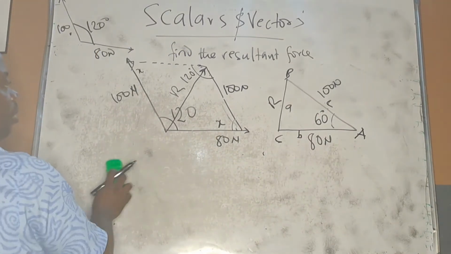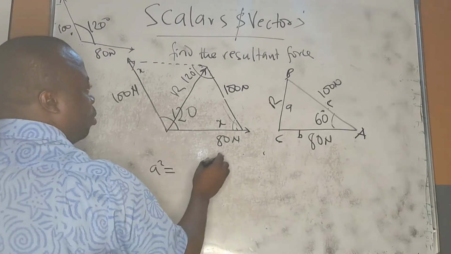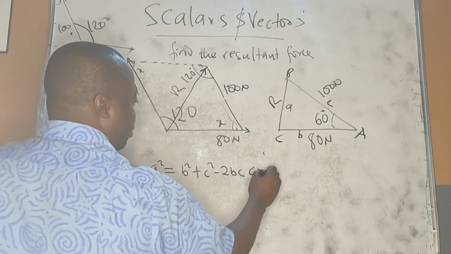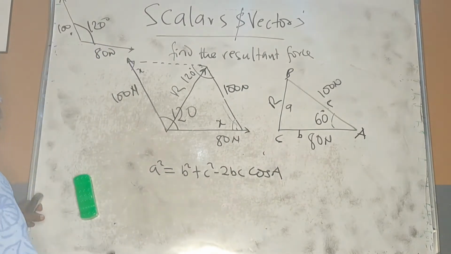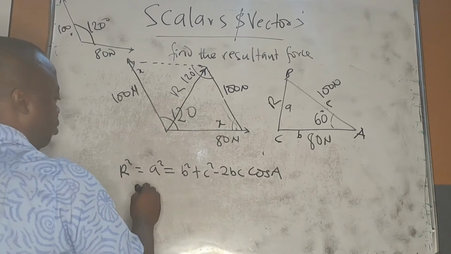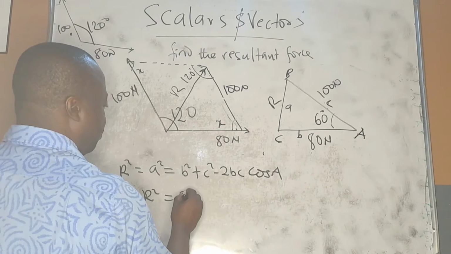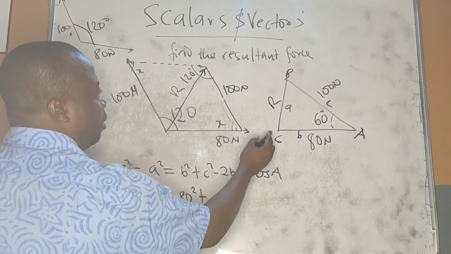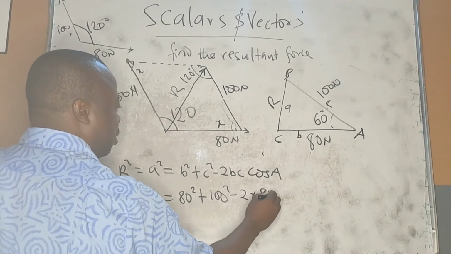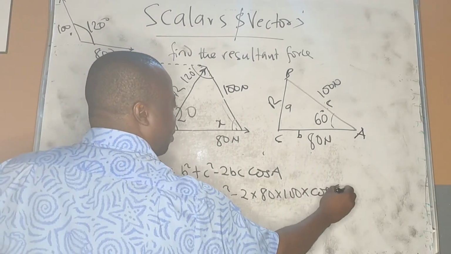By cosine rule, this is the angle, it's facing this side. a squared will be equal to b squared plus c squared minus 2bc cos A. We recall that this a is our R. So R squared is now b is 80 squared plus c is 100 squared minus 2 times 80 times 100 times cosine 60 degrees.